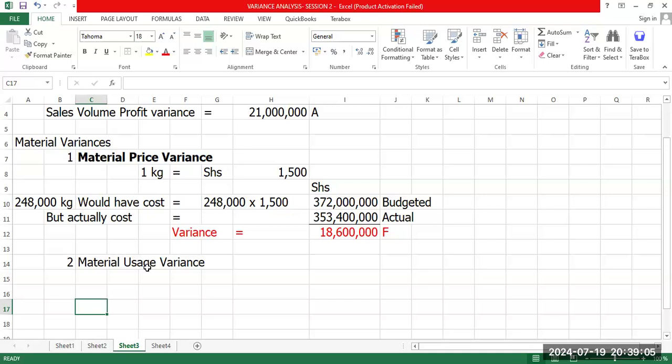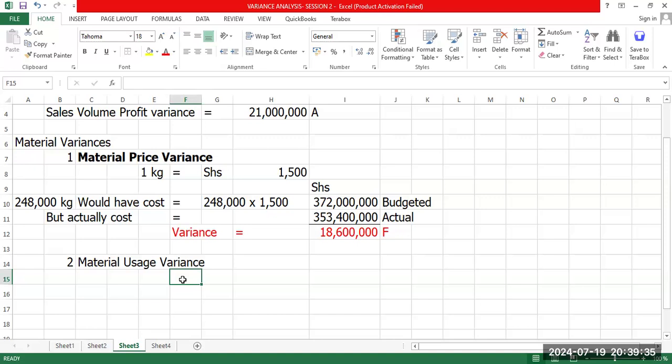So as you analyze material usage variance, you need first to know what you are producing. In this case, we are producing bags.